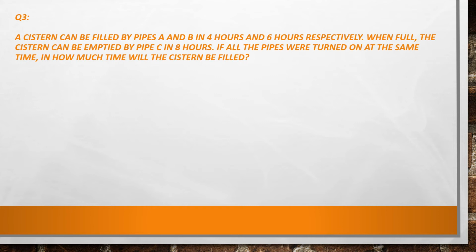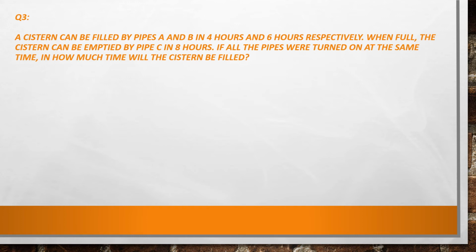Net part that is filled in 1 hour is given by pipes A, B and C, right? From pipes A and B, and when full, it can be emptied by the pipe C, that is 1 by 8.